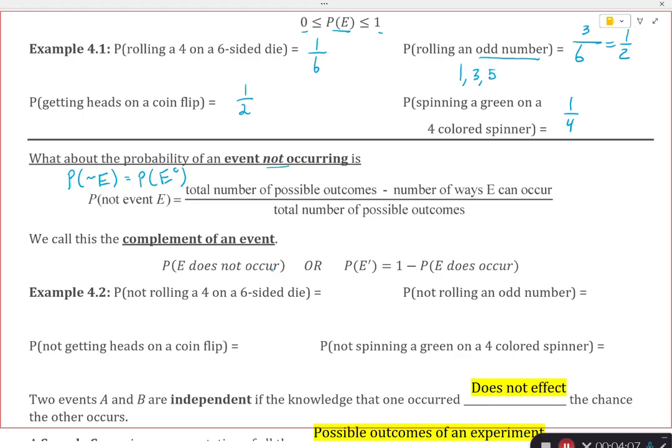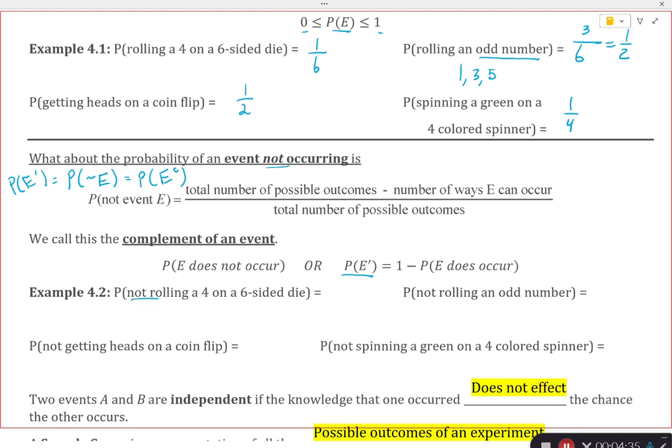Another way we could look at this is, I should have also included this, we can also write this as the probability of E prime, or E with an apostrophe. The probability of the complement of E is 1 minus the probability of E occurring. And I'll show you this with an example. In example 4.1, it says the probability of rolling a 4 on a 6-sided die is 1 out of 6.